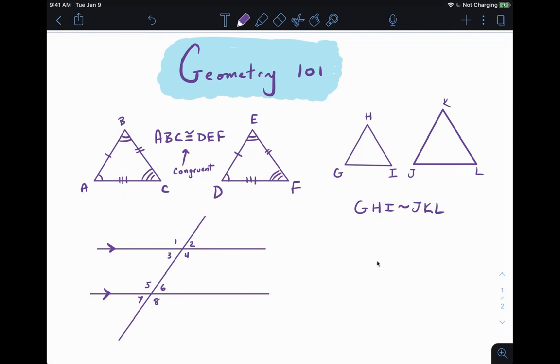With the angles, we have a little kind of accounting system, I guess if you want to call it that as well. When I put the little loop here, it's saying, hey, this and this are the same angle. In other words, if this is 50 degrees, this is 50 degrees. See, we have the double slash up here, the double slash up here. When I look at this diagram, I know that angle B and angle E have the same measure.